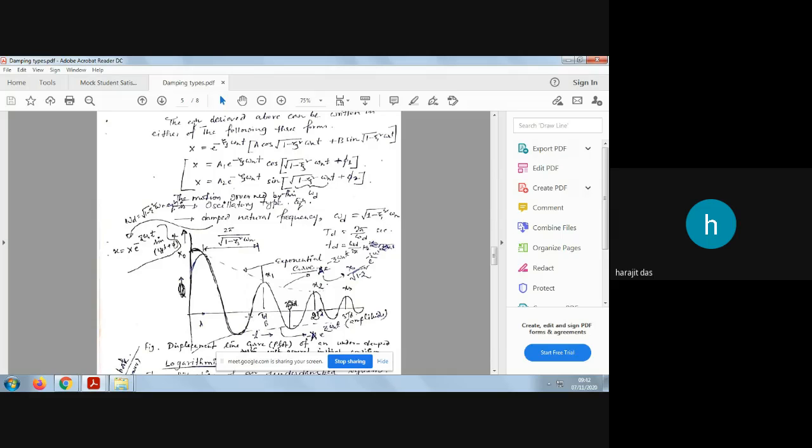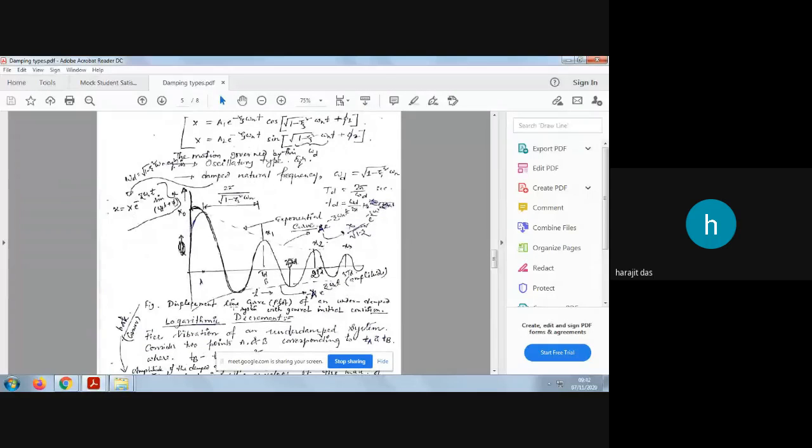This is the damped time period, because damping is there, so it is td. In the next cycle it will be 2td, then 3td, like that. So you can take integer multiples.